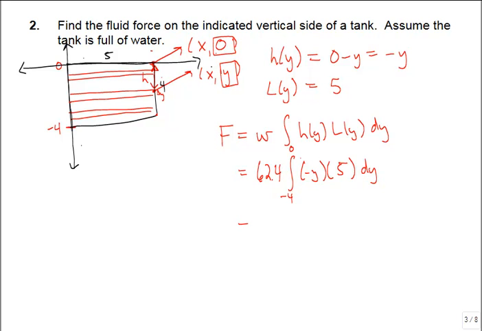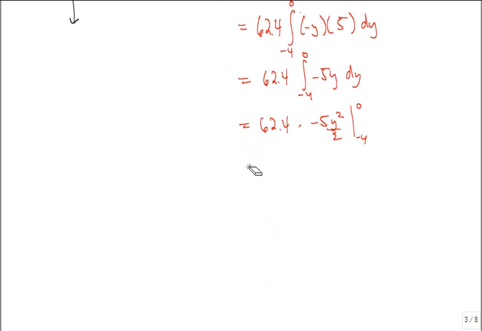So if I go ahead and integrate this, I'm going to get 62.4 times the integral of negative 5y dy, which is just 62.4 times negative 5 y squared over 2 from negative 4 to 0. And if I plug in, I'm going to pull that negative 5 halves out.